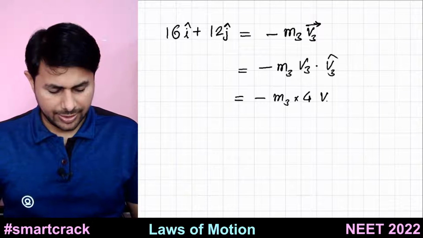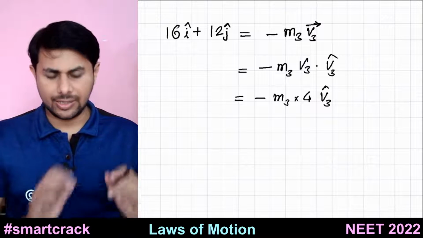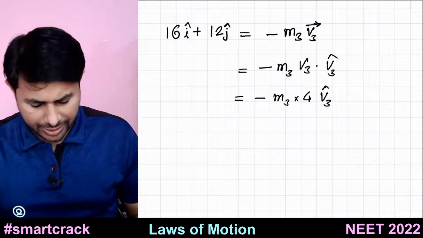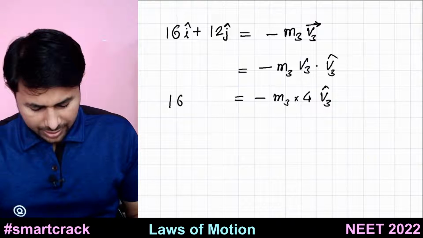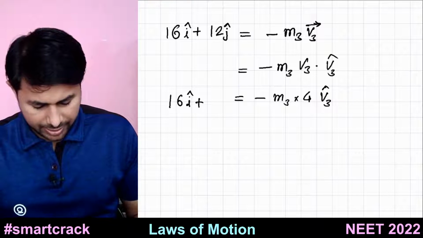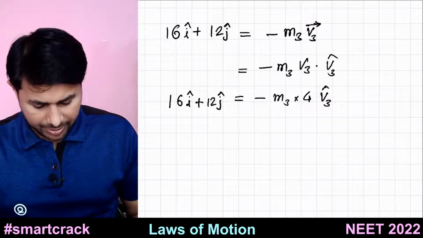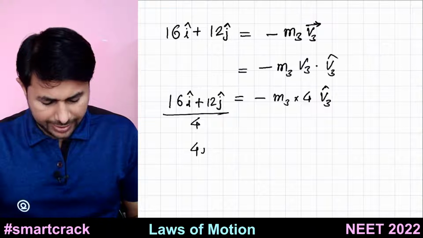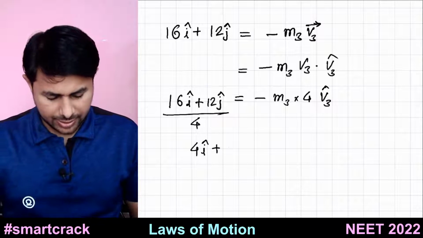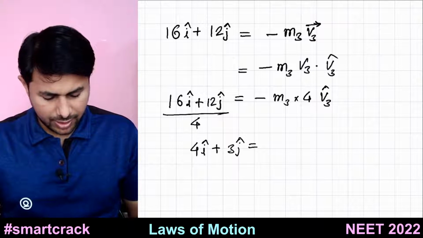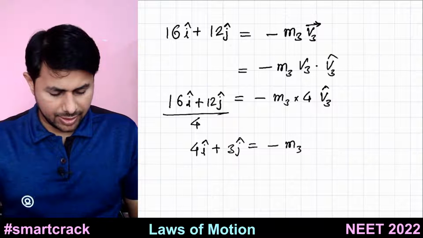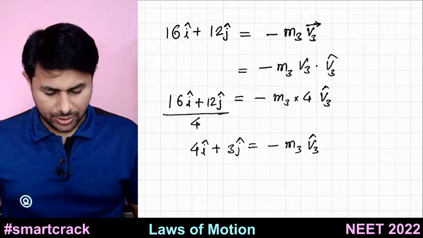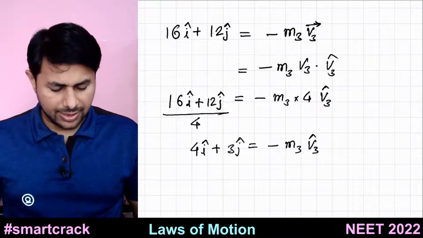If we take 4 to the other side, we get 16 i cap plus 12 j cap divided by 4, that will be 4 i cap plus 3 j cap equals minus m3 multiplied by the unit vector in the same direction.